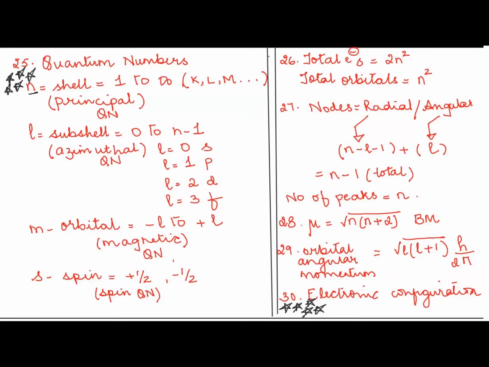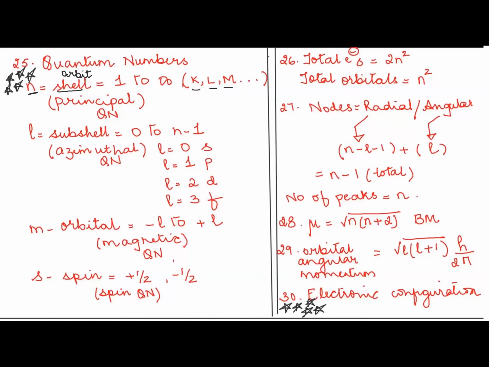So N represents the shell or orbit. Shell is also called as orbit, to which electron belongs. It can take value 1 to infinity. So you have the first orbit, right? You can't have the 0th orbit. So N will never be equal to 0. So first orbit you have, that's called as K, L, M, and so on.